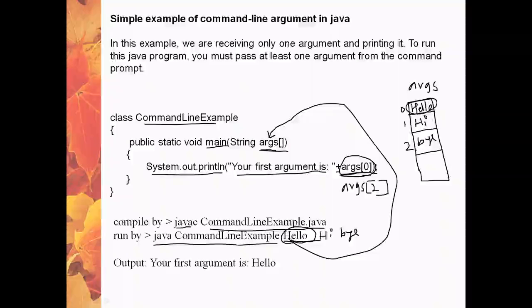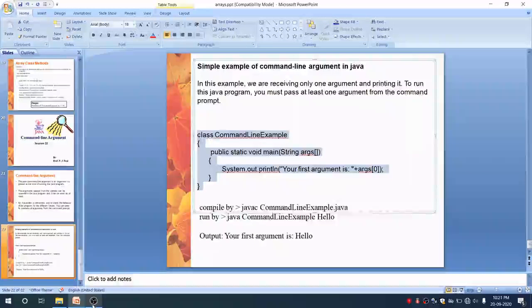Here what we have at location 2 in args is bye. So it will give us bye. So like this we can pass arguments from the command line, and the same arguments can be read in the program. Okay, let us execute the same program and verify the output. Okay, I'll copy the same program.